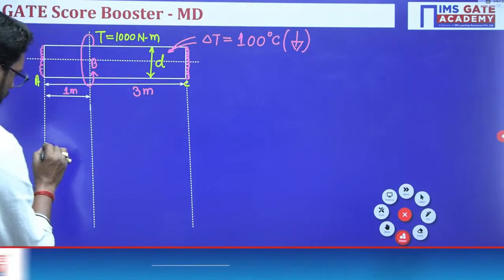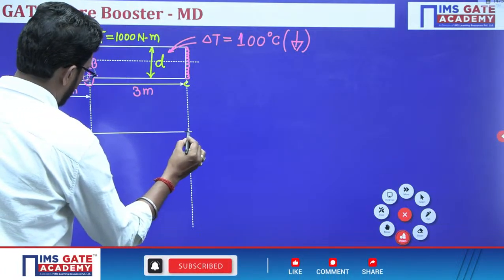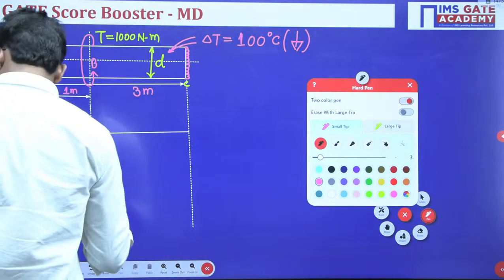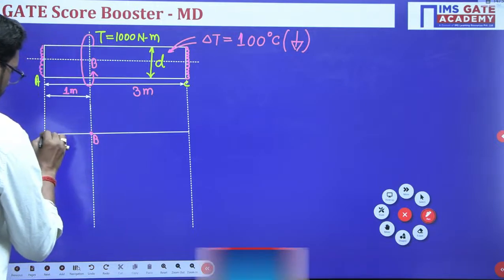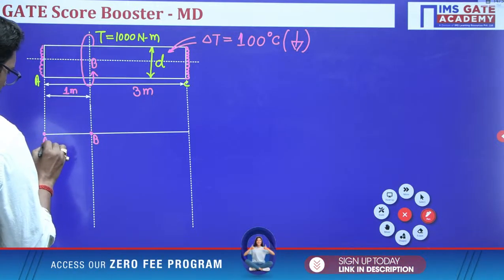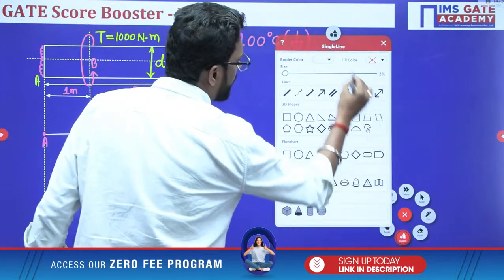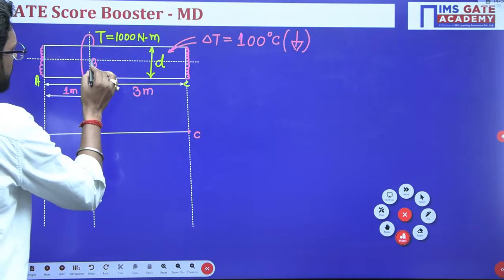Let's suppose this is your member. This is point B, this is A, and this is C. At point B we are applying a torsional moment, let's suppose clockwise.